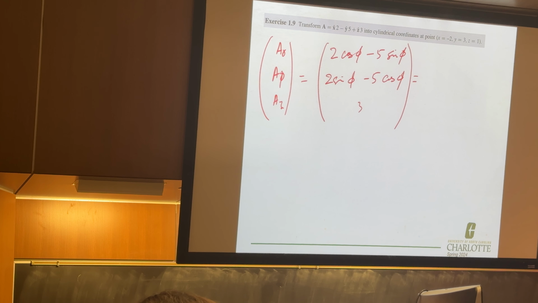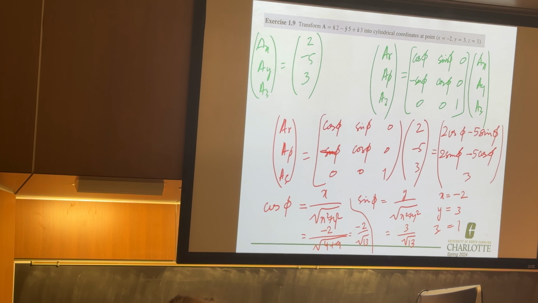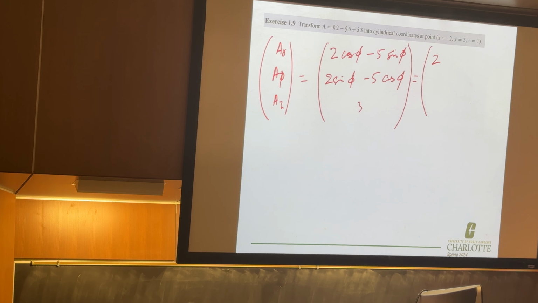So we can do the substitutions. 2 times cosine phi, which is minus 2 over square root 13, minus 5 times sine phi, which is 3 over square root 13.